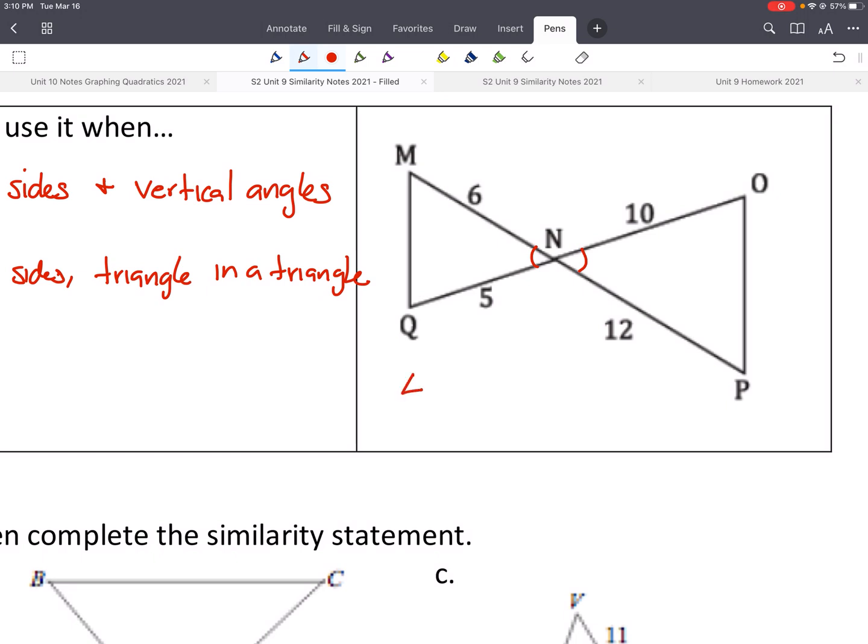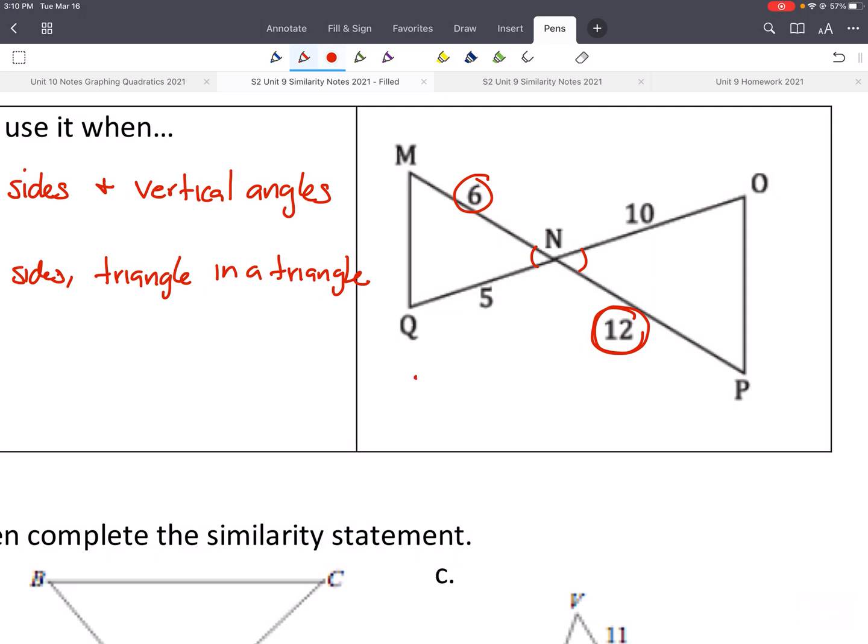So we could say that, I guess we don't need to write those down, but we do need to make sure that they are proportional. So here, this is the larger number, and its corresponding side should also be the largest side of the other triangle.